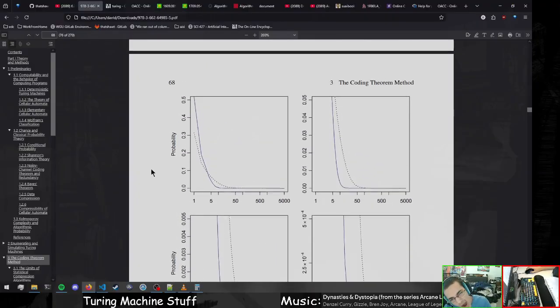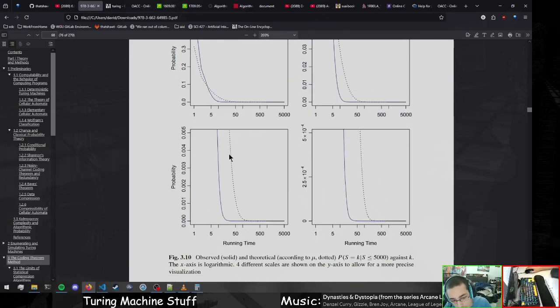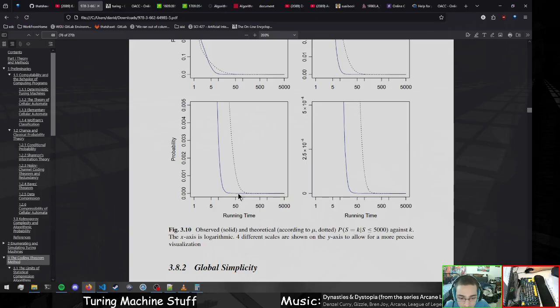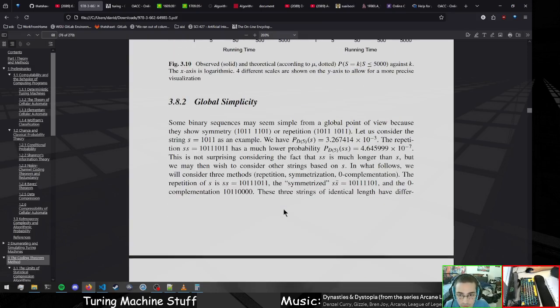Okay. So we have the probability, and so they're observed solid and the theoretical dotted. I don't even know about this. The repetition has a lower probability.